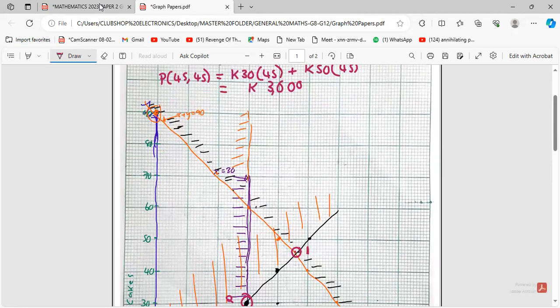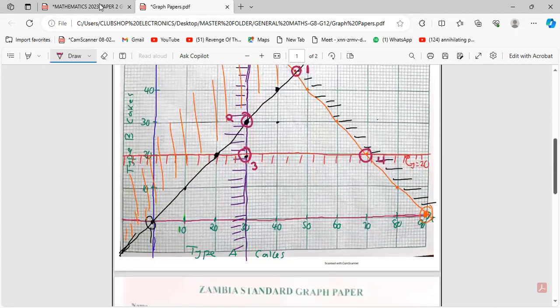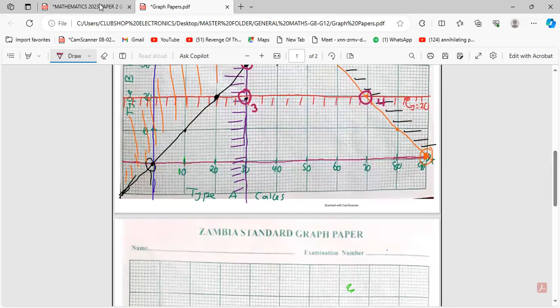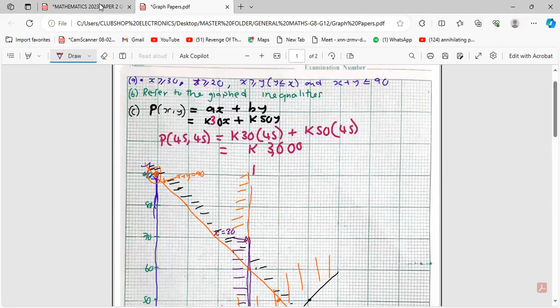You can get all these points and do the same. For example, if it is point 3, you have got 30, 20. You can find the value here for 30, 20.